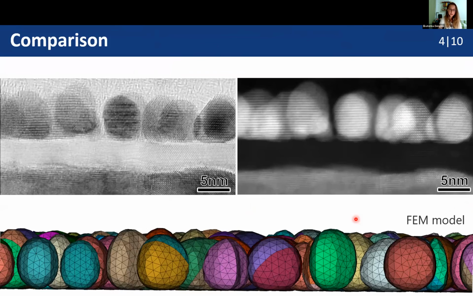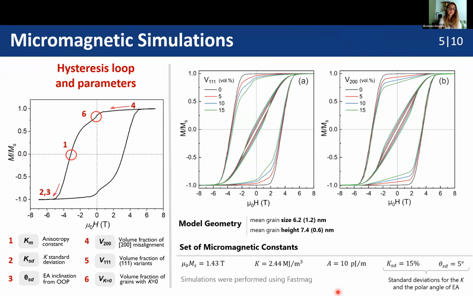Here you can see the comparison between the real transmission electron microscopy images and the constructed finite element model. Not only defects affect the performance of the recording media, but also some magnetic anisotropy parameters.